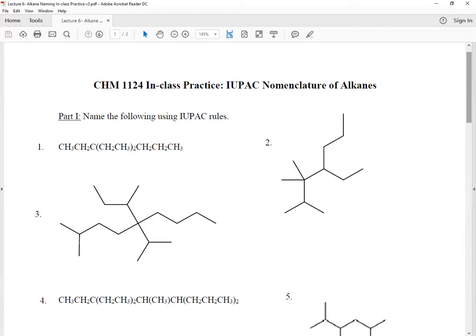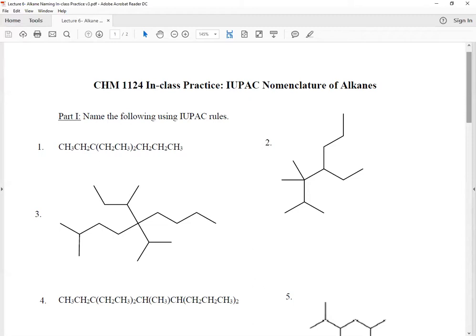And it doesn't matter which one of these you pick as carbon number 1 because it's still going to be a methyl group on carbon 2. So because the seam of the board is right here, I'm going to pick this one. 1, 2, 3, 4, 5, 6, 7. Okay, so what kind of group is this? It's a 2 carbon chain, so that's a what? Ethyl group, yep. And then all 3 of these are methyls, right?